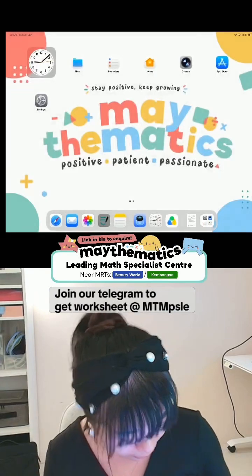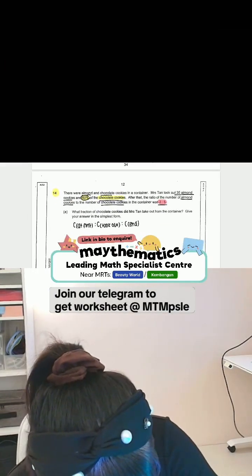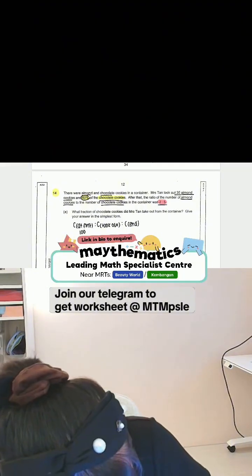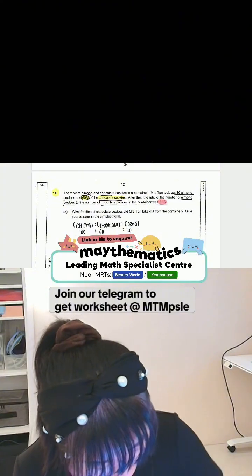So now with this, you all should know that at first chocolate must be 100%. Took out 60%. 100 minus 60 is 40. So what you should do is you try to simplify as much as possible.